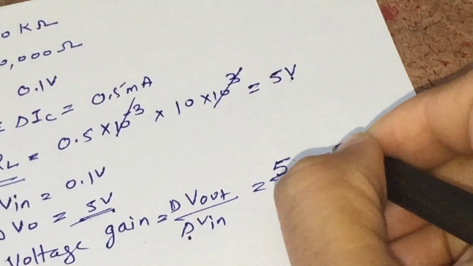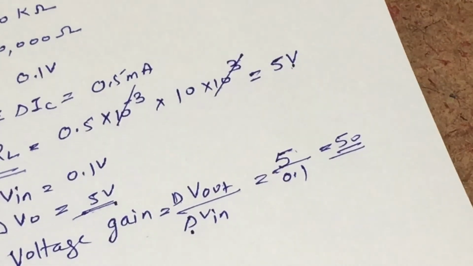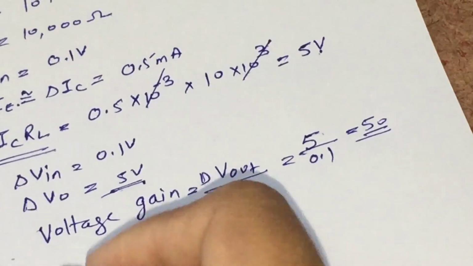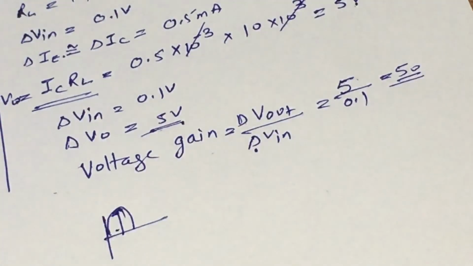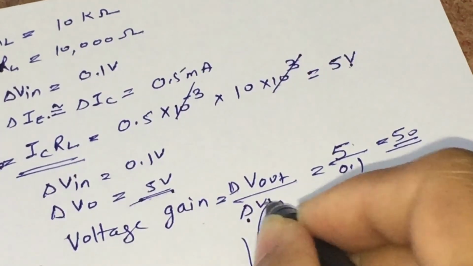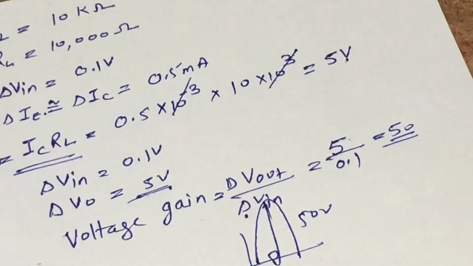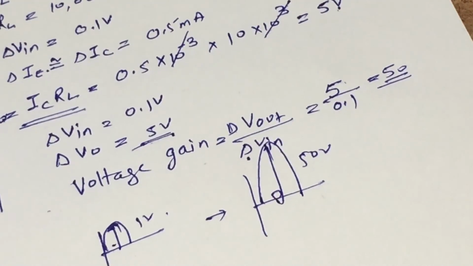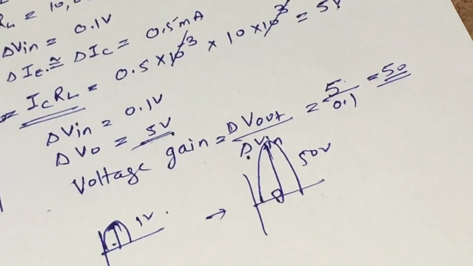It means the voltage gain in our case is 50. It means if we are applying 1 volt of signal on the input side, we will get 50 volt of signal on the output side. In this way, the amplification in an amplifier works.